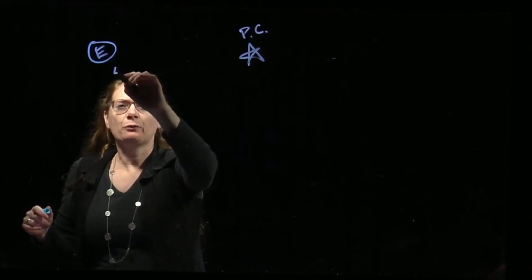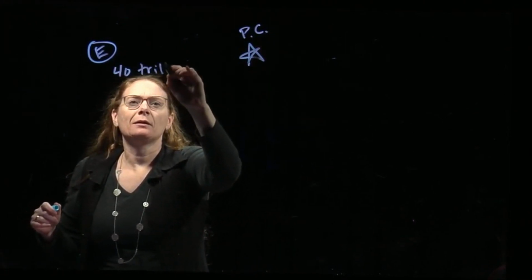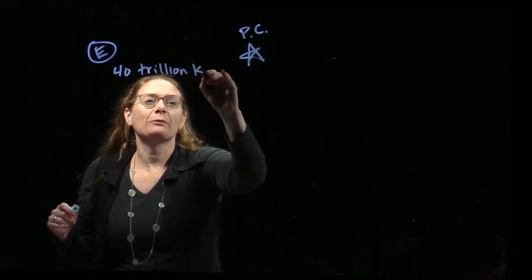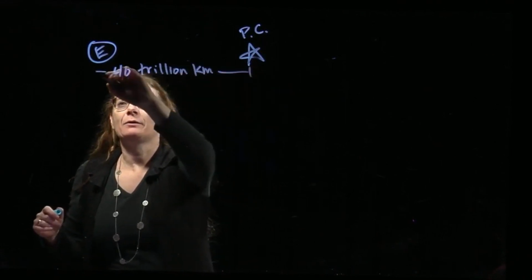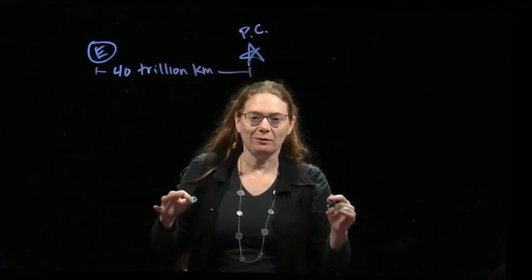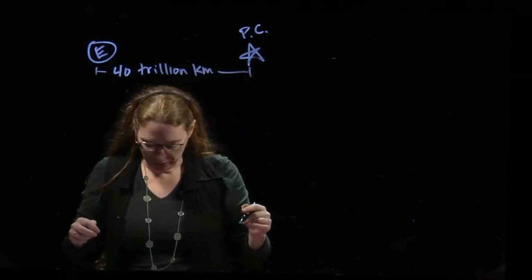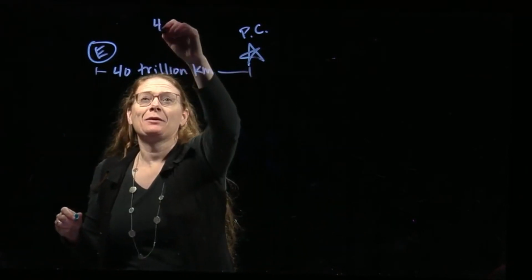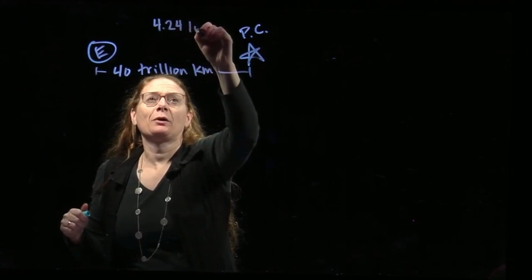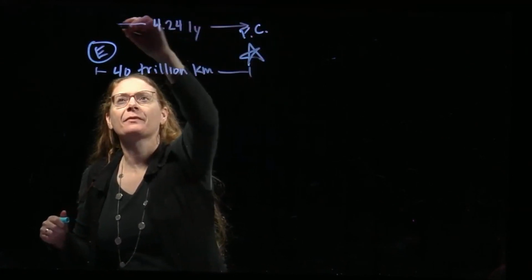This is about 40 trillion kilometers away from us. That's kind of a long way. Even at the speed of light, it takes 4.24 years. So the distance here is 4.24 light years.